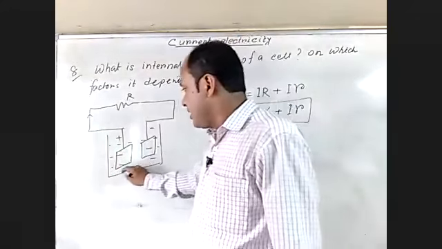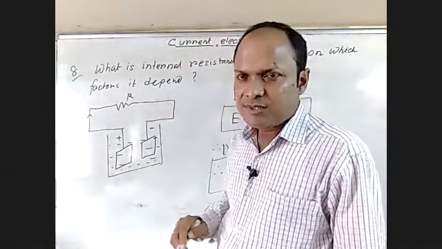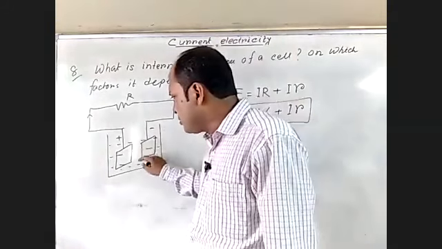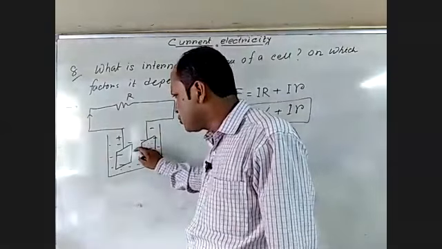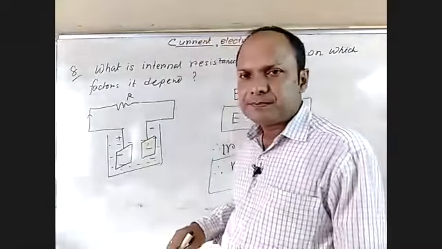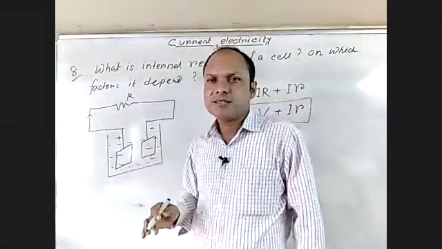But inside the electrolyte, it is not a very good conductor like this metal. Whenever ions and electrons try to flow from one electrode to the other through the electrolyte, the electrolyte will offer a resistance.